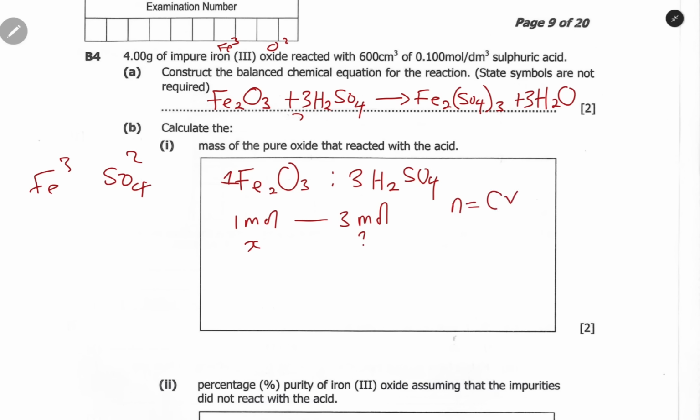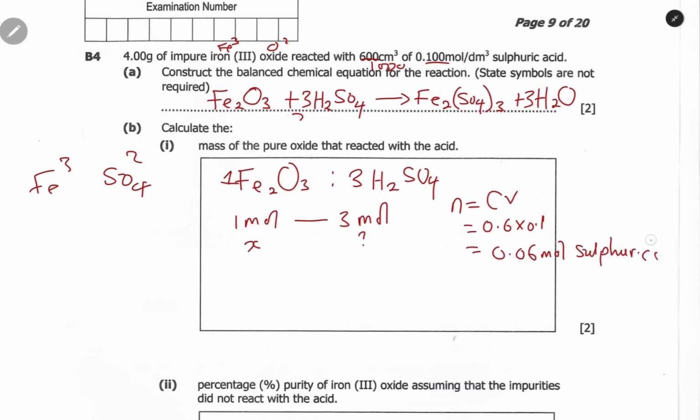What is the volume? We need it in decimeter cubed, so divide by 1000, so it's 0.6 multiplied by the concentration, 0.1. Multiply this, and you have 0.06. These are the number of moles of sulfuric acid.